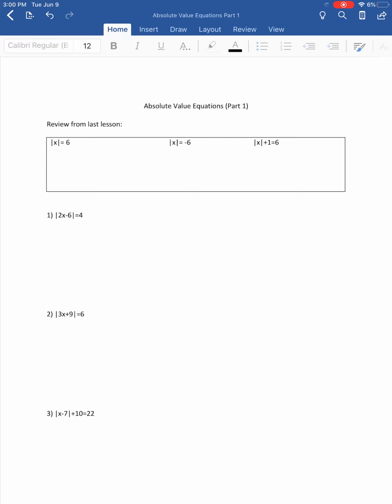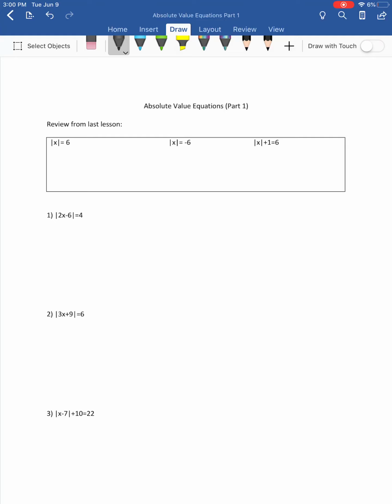Okay, so in the last lesson, we talked about what absolute value is, and we started solving very basic absolute value equations. So the first thing I want to do is review what we did last time. To solve something like absolute value x equals 6, that's asking what number or numbers have an absolute value of 6, and we know absolute value is the distance from 0 on the number line.